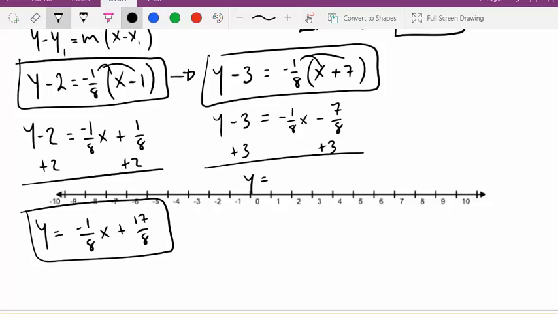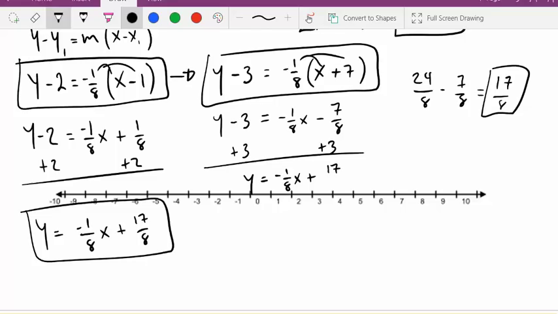Well, 24 divided by 8 would be 3, so 24 eighths is equal to 3, and subtract 7 eighths. 24 minus 7 is 17 divided by 8, so 17 eighths. That's what we got before. Good. So -1/8 x plus 17 eighths. So that's slope-intercept form.